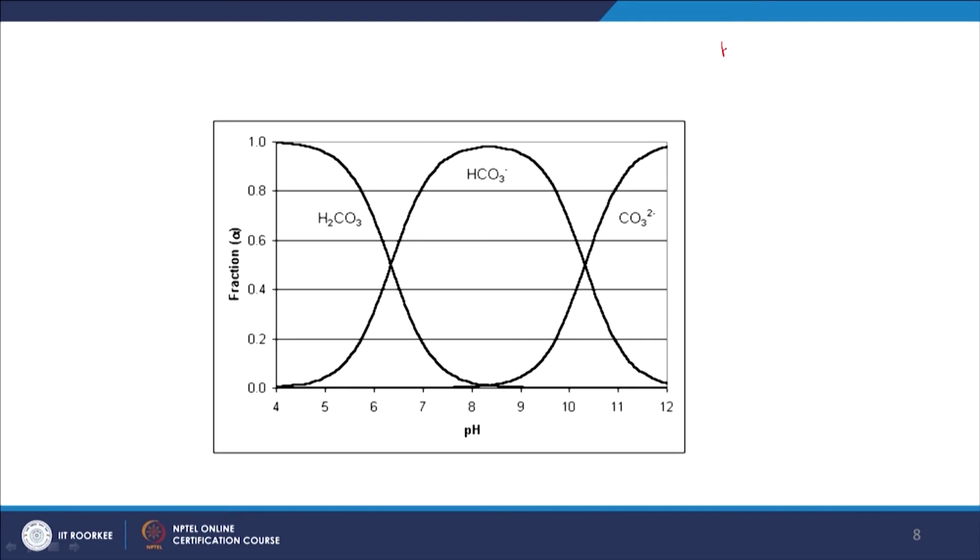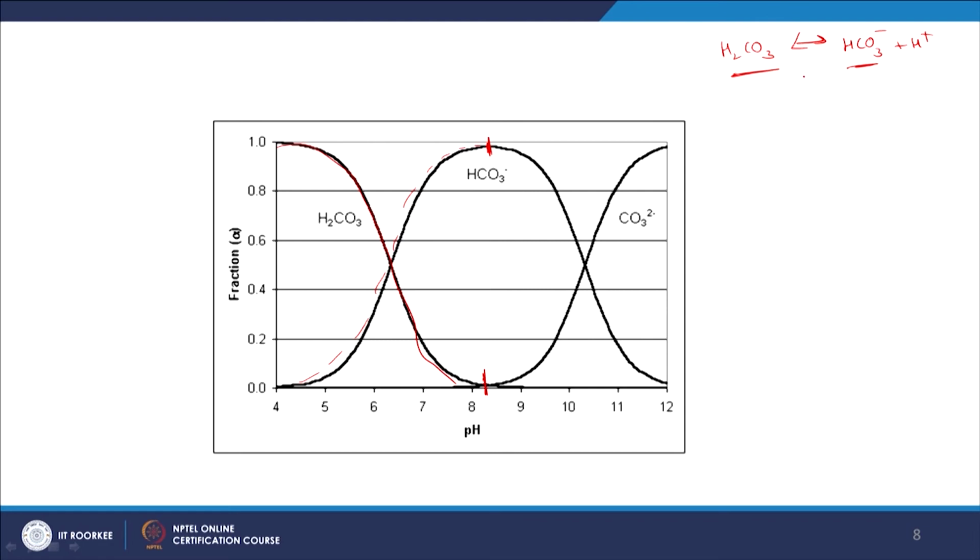So, initially H2CO3 was dissociating into HCO3- and H+, and that is what you see here as H2CO3 decreases. At the same time HCO3- is increasing, and at 8.3 you have no H2CO3 at all; everything is in the form of HCO3-.